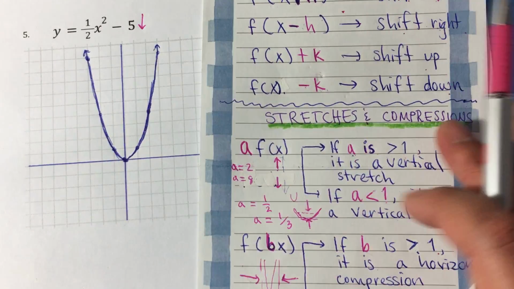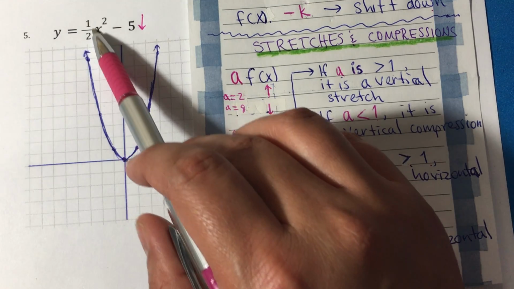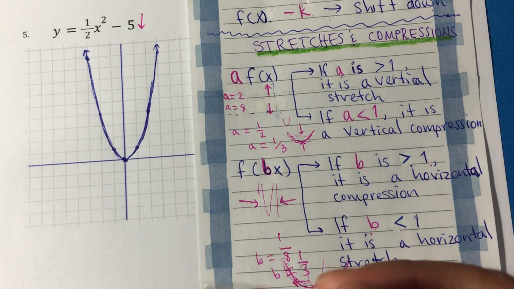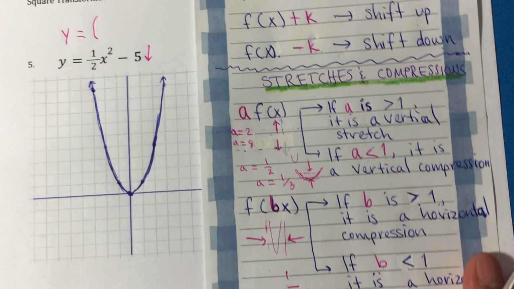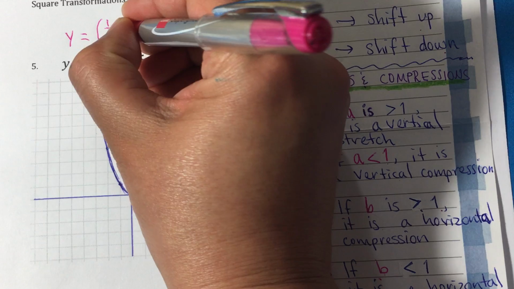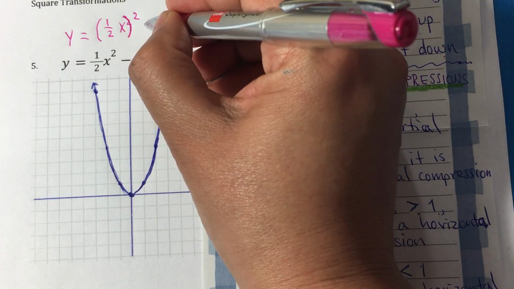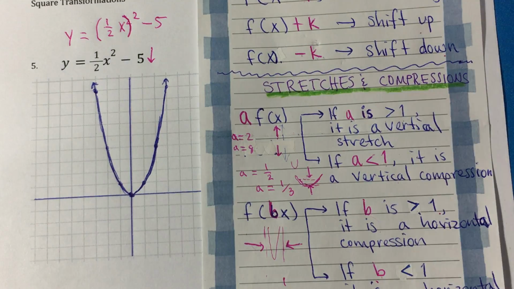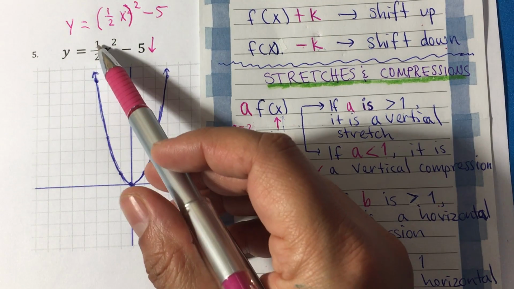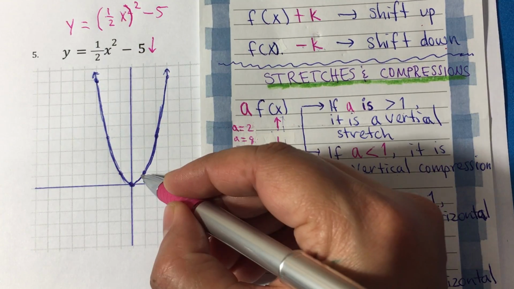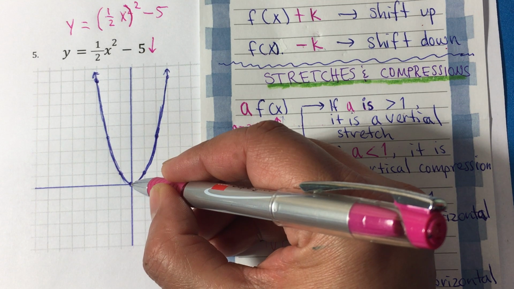But then the fraction is outside of the parentheses. How would it look if it was inside? y equals, open your parentheses, 1/2 inside, x, the square will be outside, and then minus 5. Maybe I can show you in Desmos the difference between the two. What I recommend doing is this half first of each point and then going down 5 spaces from there. So 0, 0.